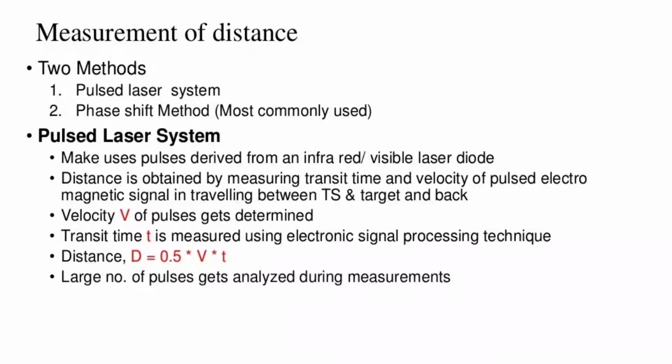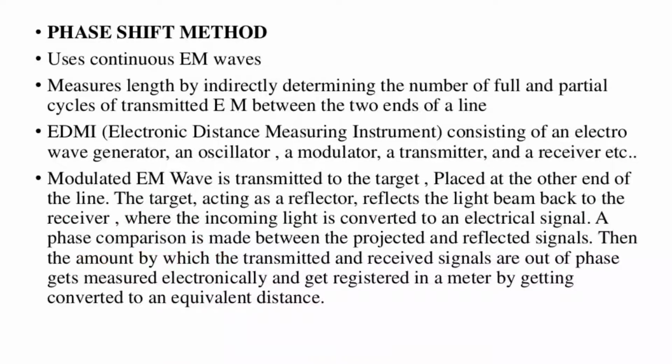Velocity v of the pulses is determined. Transit time is measured using electronic signal processing techniques. Therefore, distance d is equal to 0.5 into v into t, where v means velocity and t is the time. A large number of pulses get analyzed during measurements.